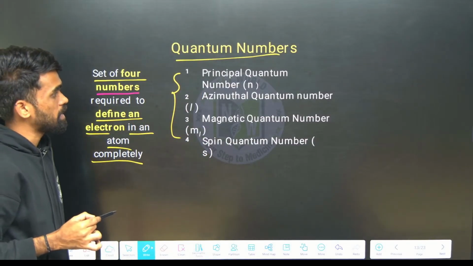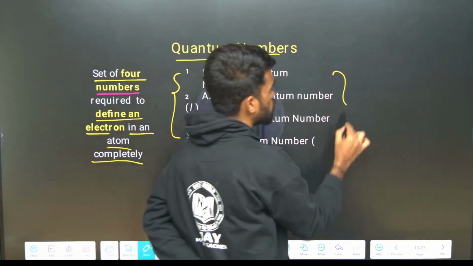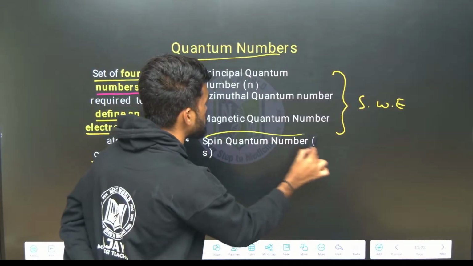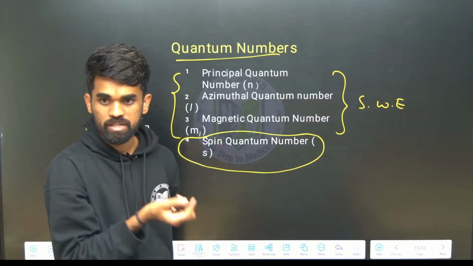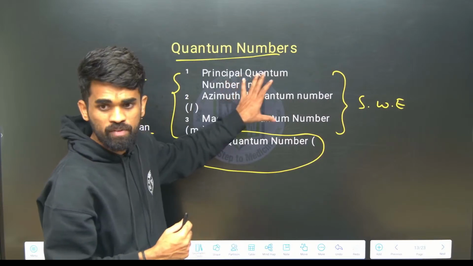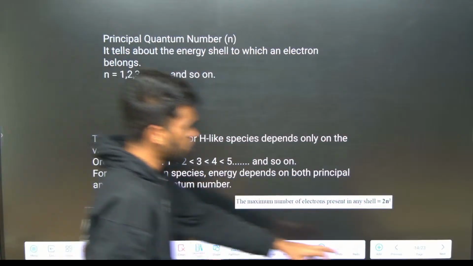Principal, azimuthal, magnetic, and the next one. See, the first 3 came from the Schrodinger wave equation, and the 4th quantum number is not from the Schrodinger wave equation. It is added externally. Only the first 3 are from solving the Schrodinger wave equation. Now we will study them one by one.